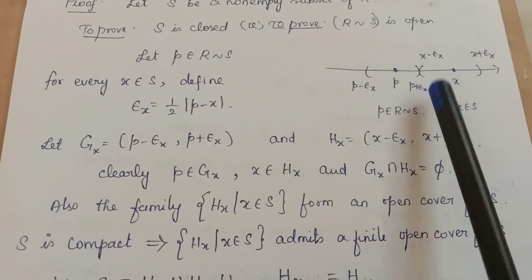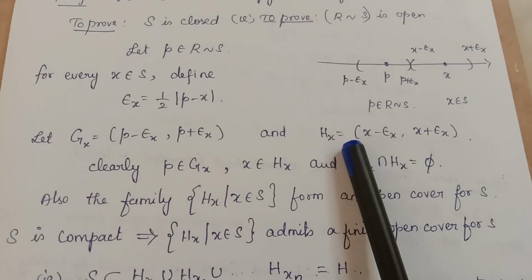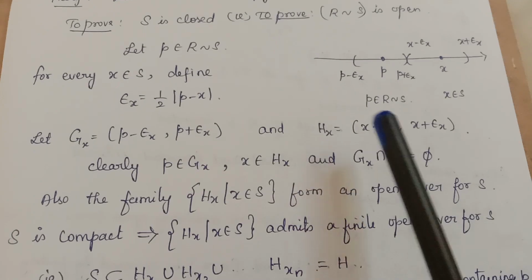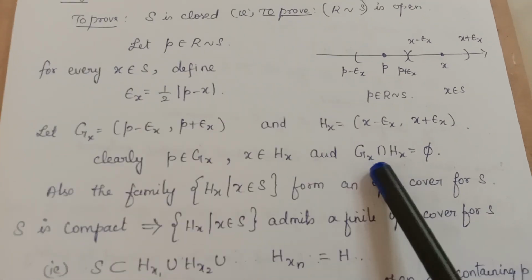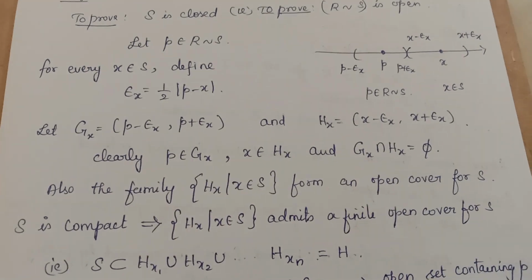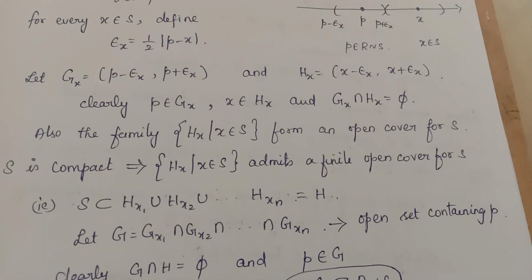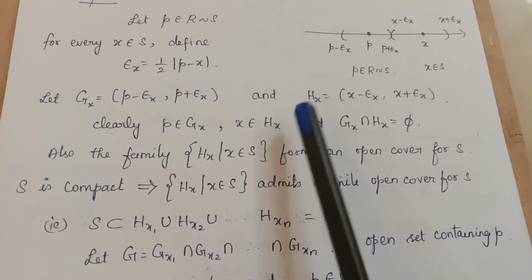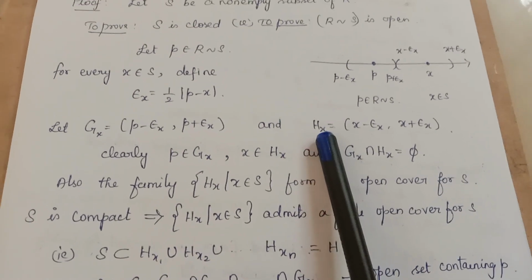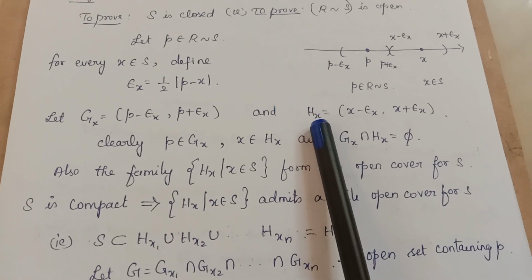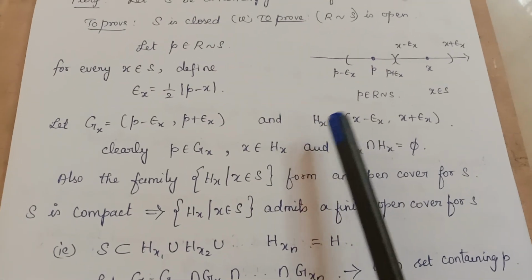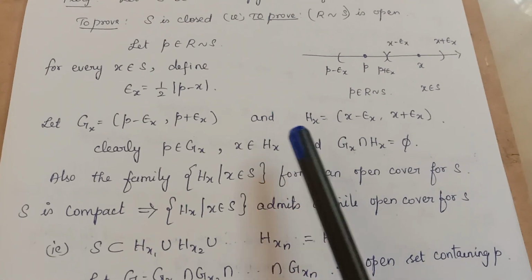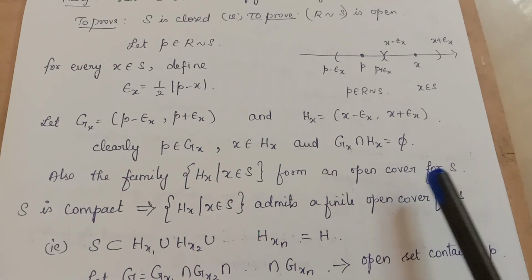So these two are disjoint neighborhoods of P and X. For P belonging to Gx and X belonging to Hx, G intersection H is empty. For every X in S, you can define Hx like this. P is fixed, but this X is a point in S. So if you vary this X, you can get a family of open covers for S.